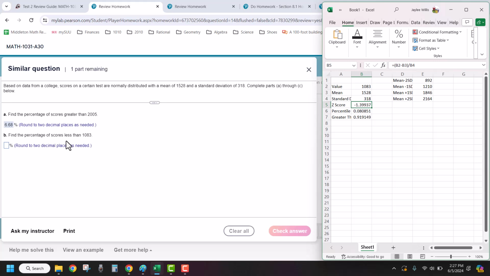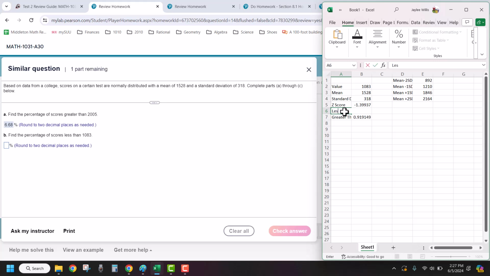And in this problem, we are asked for the percentage of scores that is less than that z-score. And so this time I will be using my percentile percent. Now, technically, the percentile is this value. So this value is in the 8th percentile, is how you would say that.